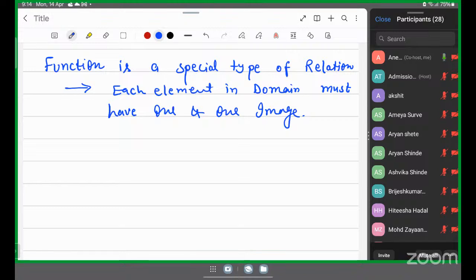There are 2 points in this statement. First point is each element of domain has to be related with someone. And second point is each element of the domain can have one and only one image. In other words, a single element of domain cannot have more than one image. So it has to be connected with one and only one element in codomain. This is a function.